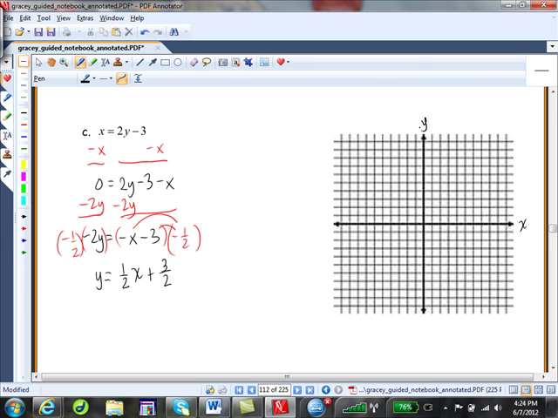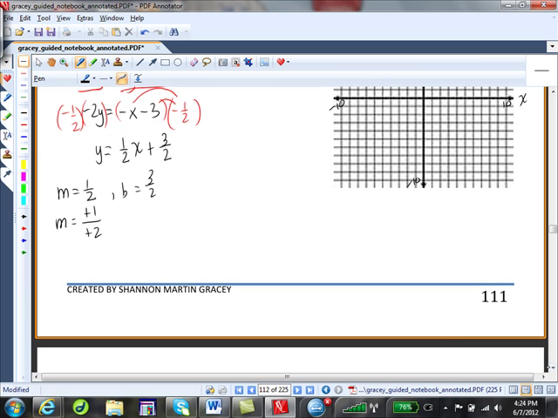So if this is x and this is y, we'll just do our regular scale. m is equal to 1/2. So m, we can say, is positive 1 over positive 2. b is equal to 3/2. So the y-intercept is at 0, 3/2.